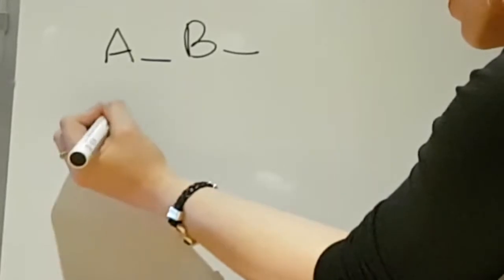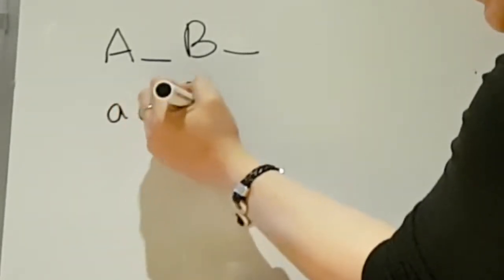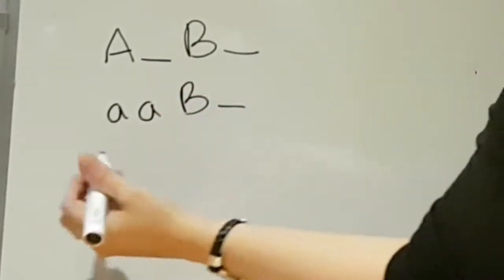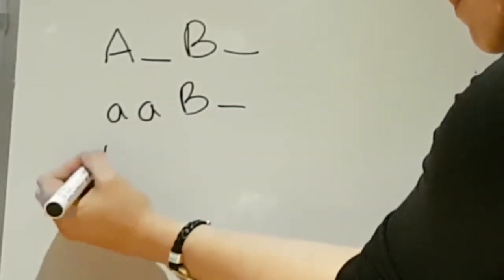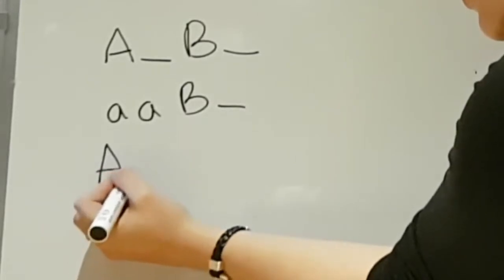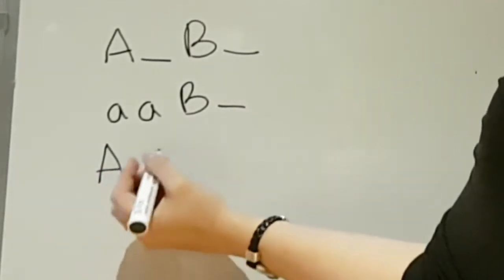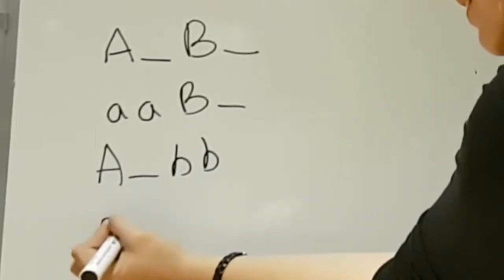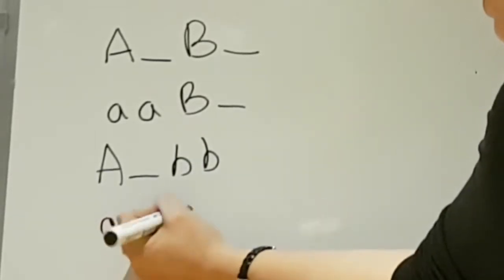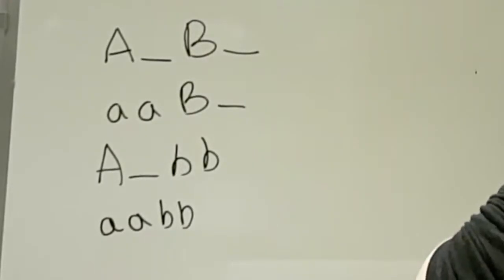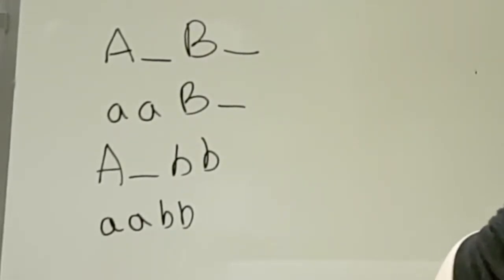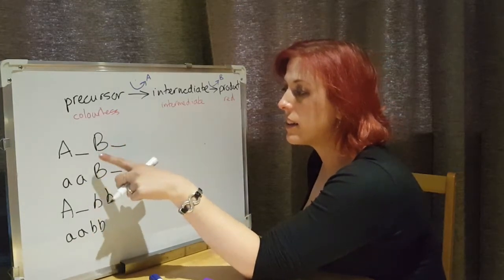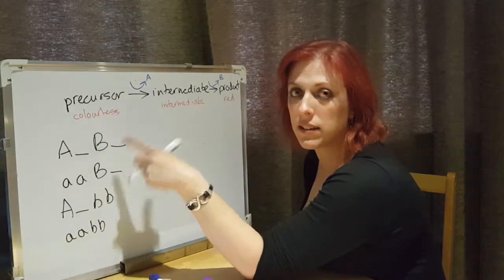Then we have the option that we've got the recessive condition for A, but the dominant for B. Then the dominant condition for A and the recessive for B, and then finally being recessive with respect to both genes.